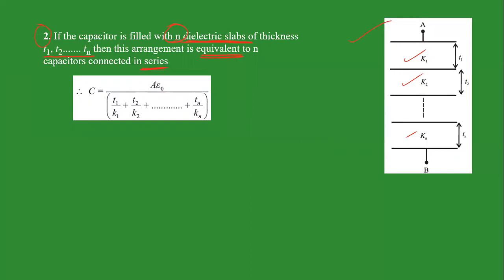Here T1 is the thickness of this dielectric slab, T2 is the thickness of this dielectric slab, Tn is the thickness of this dielectric slab. So this is the capacity when n dielectric slabs having different thicknesses are introduced. So you remember this formula.